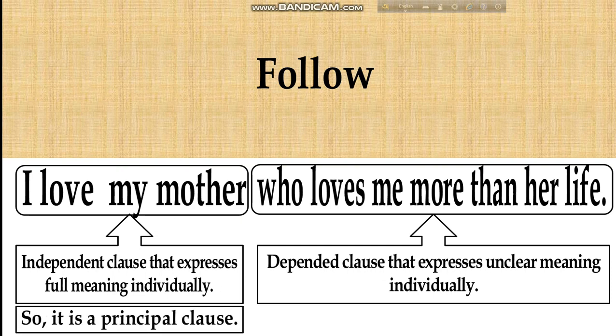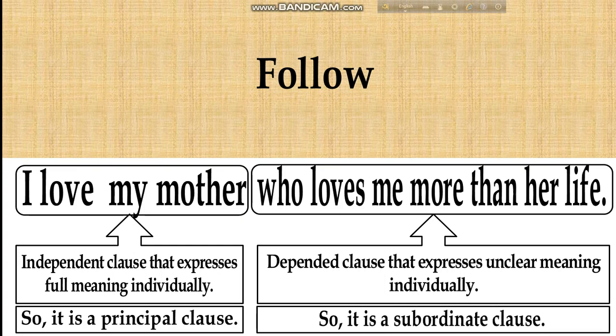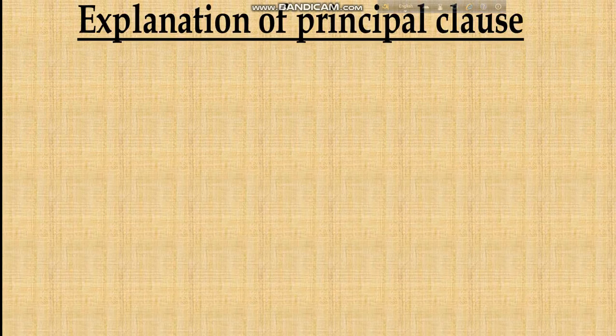So the students can see the two parts of a sentence, and each part is a clause. When a clause is without any conjunction, it is called a principal clause. On the other hand, if a clause contains a conjunction, it is called a subordinating clause.